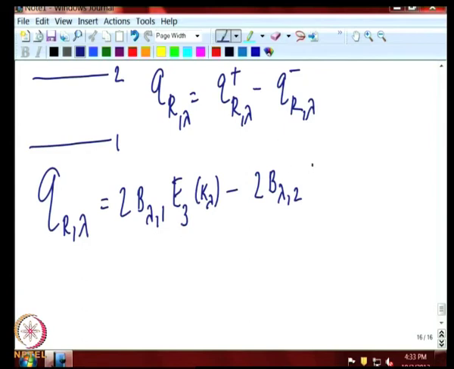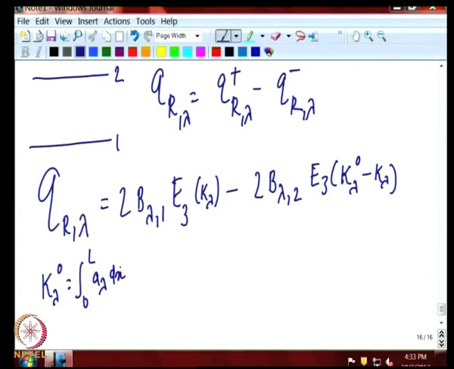So, it is negative flux, and the distance travelled here is this, where k lambda 0 is equal to integral 0 to L of a lambda dx, the full optical depth of the medium. And there are two more terms.